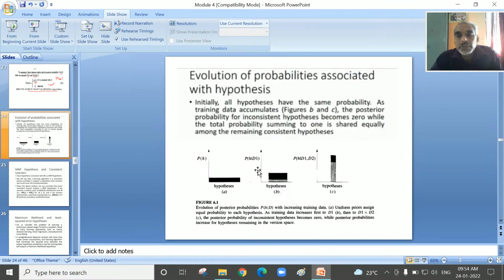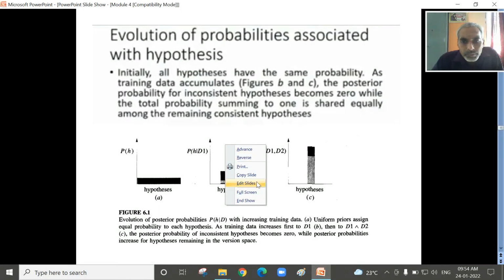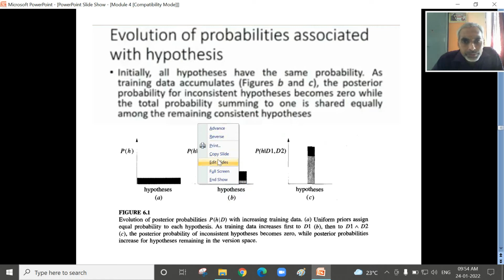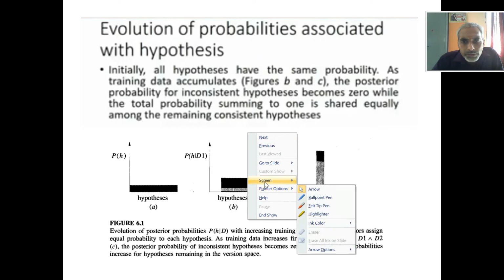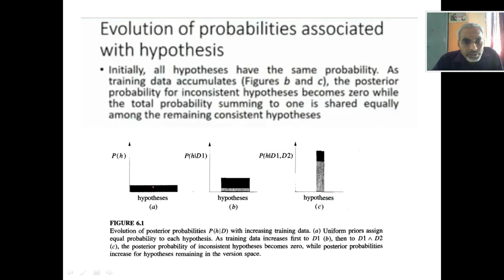Now this can be seen with respect to this particular example. If you look at this first diagram, on the x-axis we are considering the hypotheses, and on the y-axis we have the probability of the hypothesis.